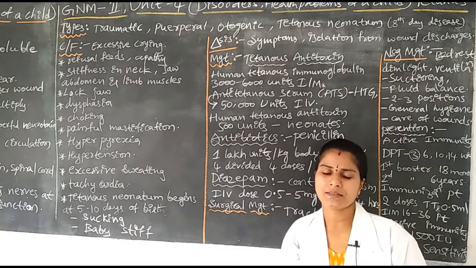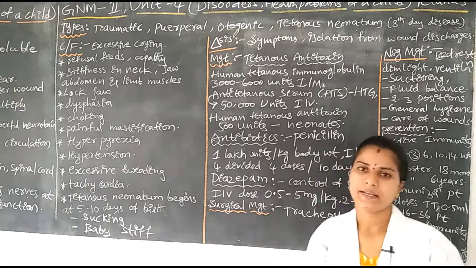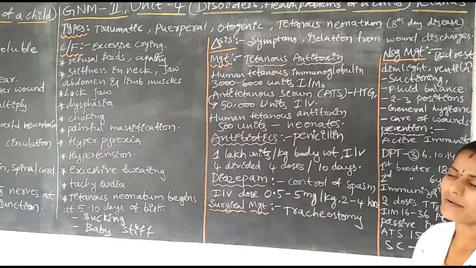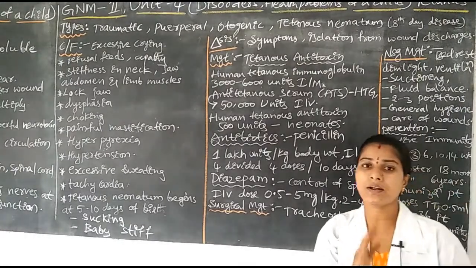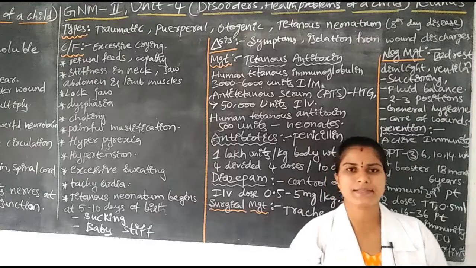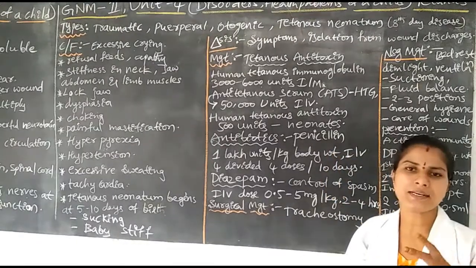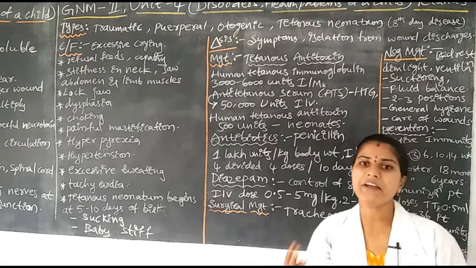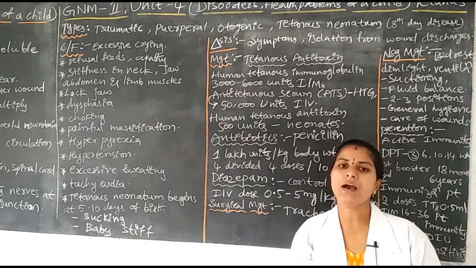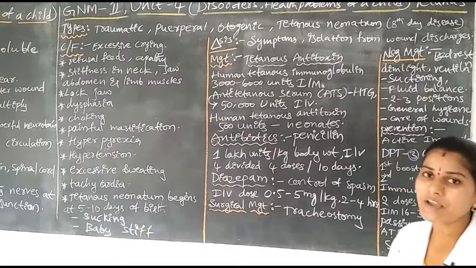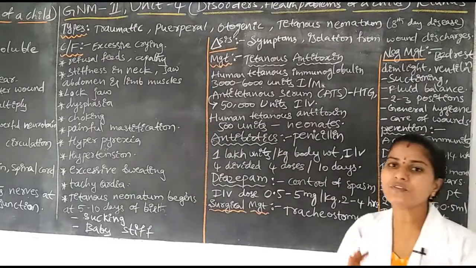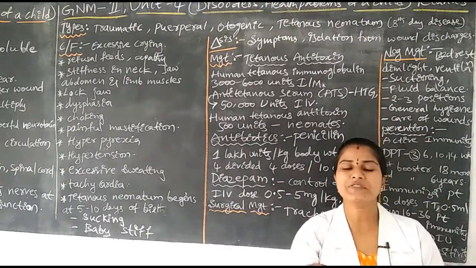Why? Because there are side effects with the intramuscular route. You should not administer by the wrong route to the children. After administration by the wrong route, the children may have side effects that are more harmful to the body. That's why we have to learn the route of the drug and how much dosage we have to administer.